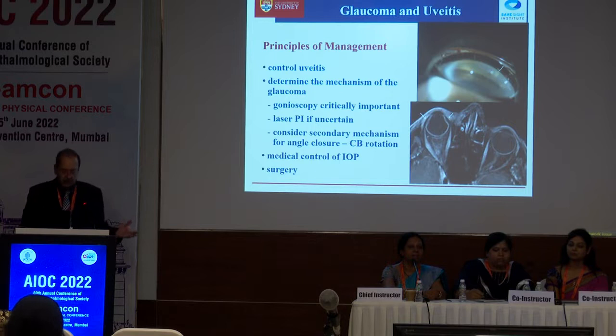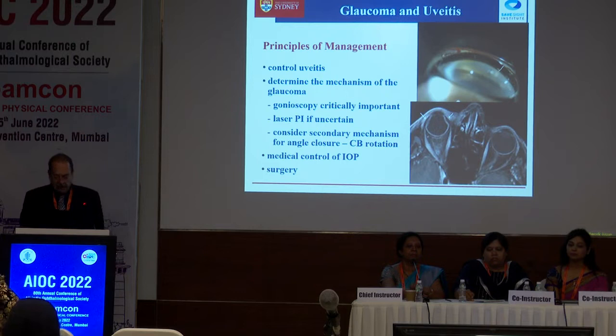control of uveitis is paramount, and then the next thing to do is to determine the cause of the glaucoma. Very often the thing that gives you the answer is gonioscopy. Very underdone, underutilized, simple investigation that one needs to remember to do. But also one needs to look at the issue of ciliary body rotation, because the treatment of that is obviously not a laser PI.